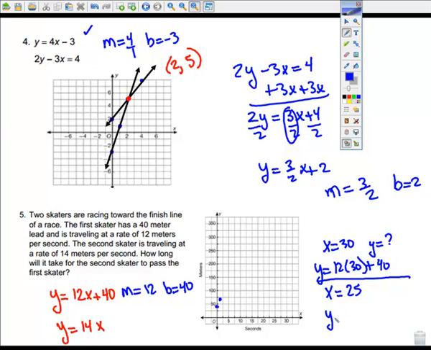So if I do x equals 25, I have y equals 12 times 25 plus 40. So 12 times 25 plus 40 is 340. So at 25, I'm going to put a point up here around 340. And now I'll go ahead and draw this line.